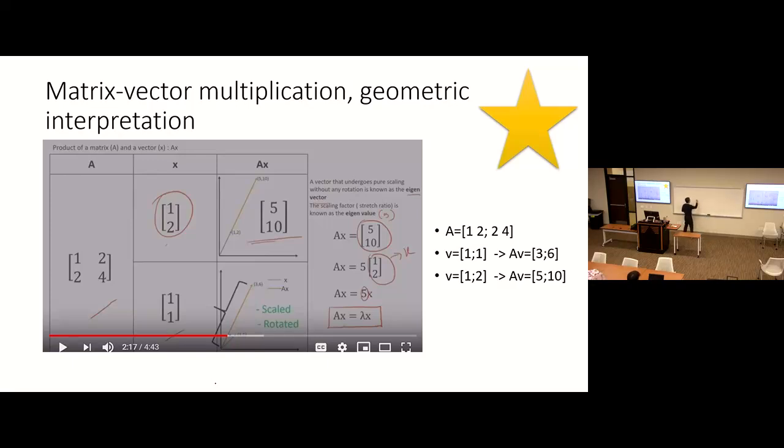So my matrix is A, which is a squared matrix 2 by 2. Then I want to multiply this by x. So x is a vector, first x is 1 by 2.